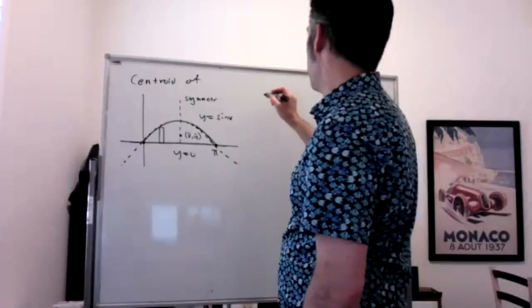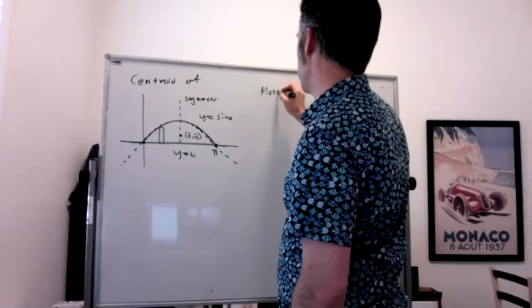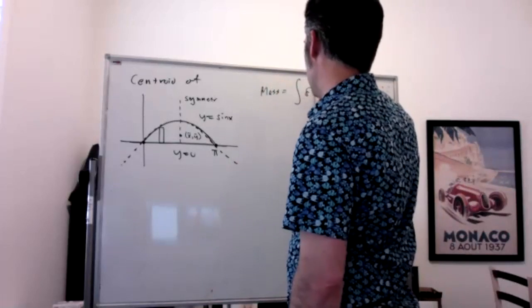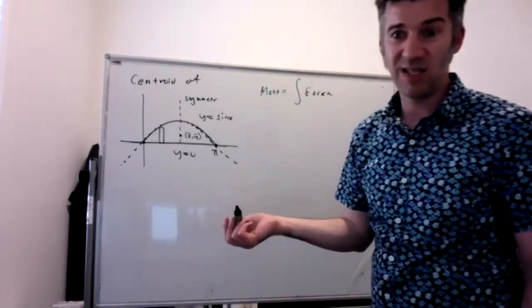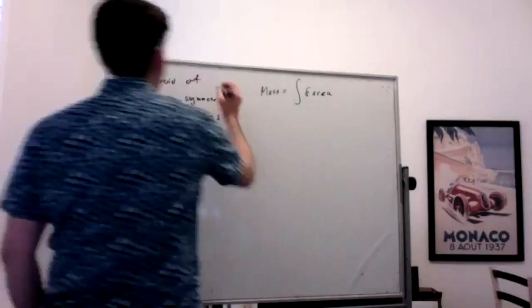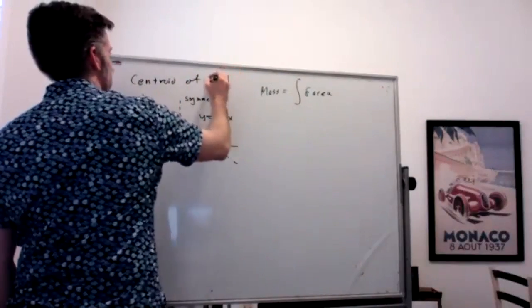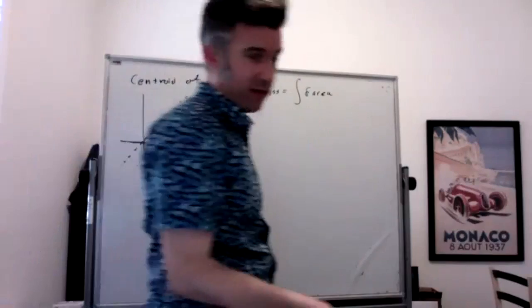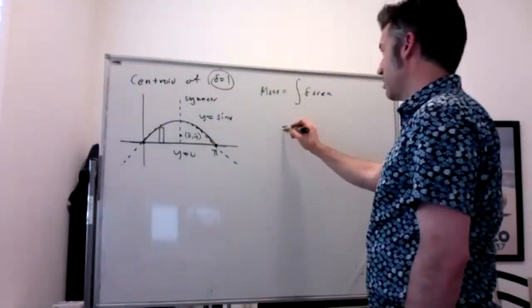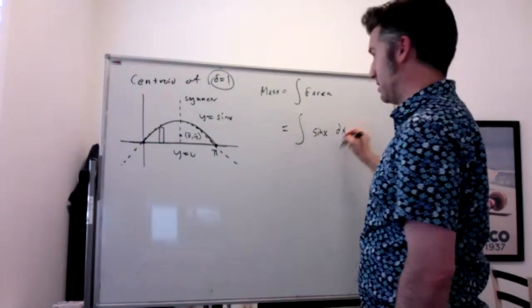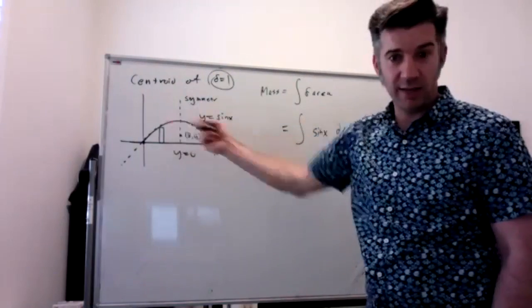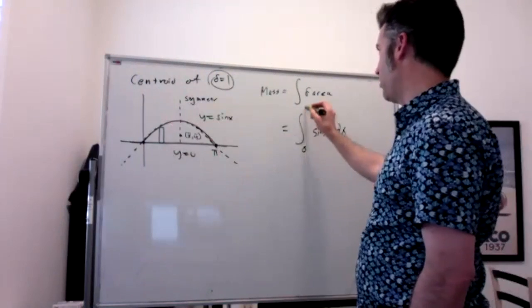Right, so the mass is the integral of the density times the area. But we know the densities are going to cancel. Let's just say the density is 1. Totally valid. So that's just going to be the integral of sine of x dx. That's the area of that rectangle, the height times the width, from 0 to pi.